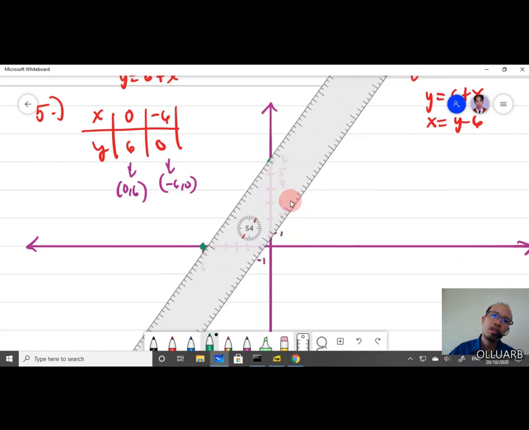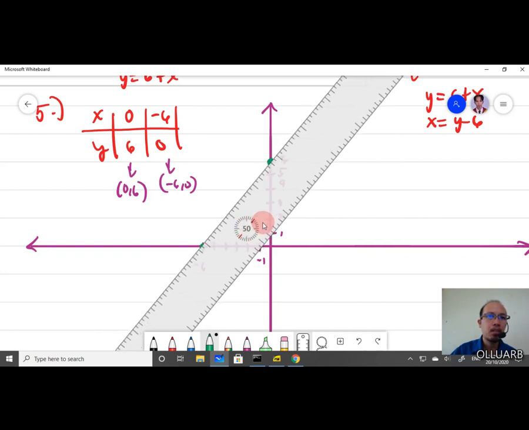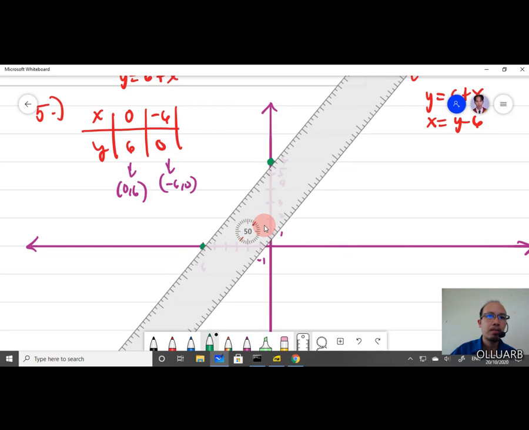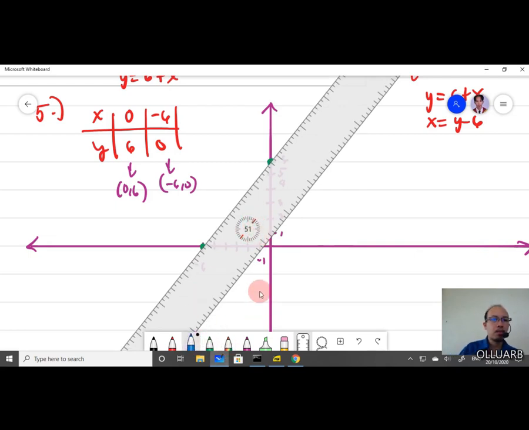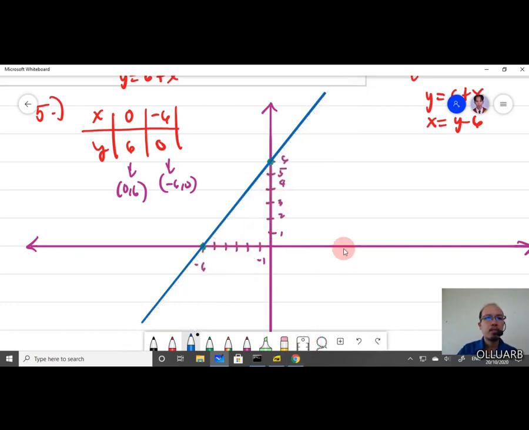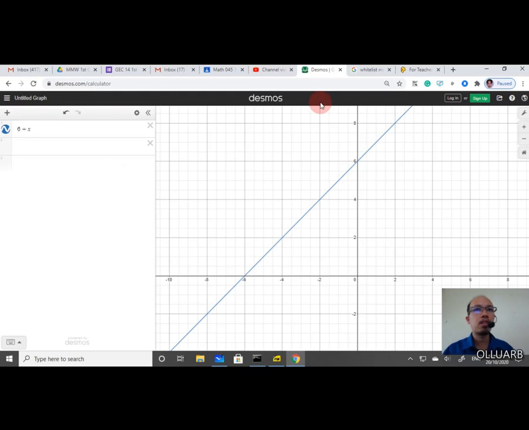Let's wait for the program to respond. Okay, let's try this program, which is the same as in the Desmos graphing calculator.